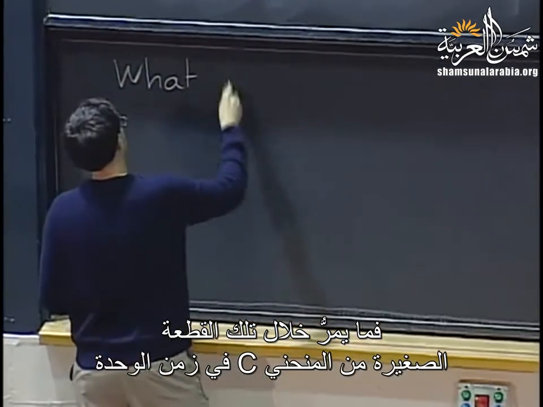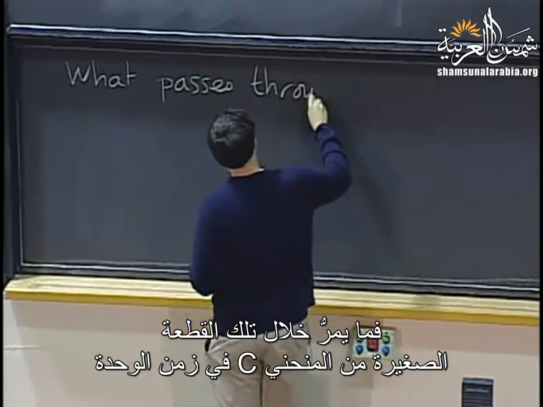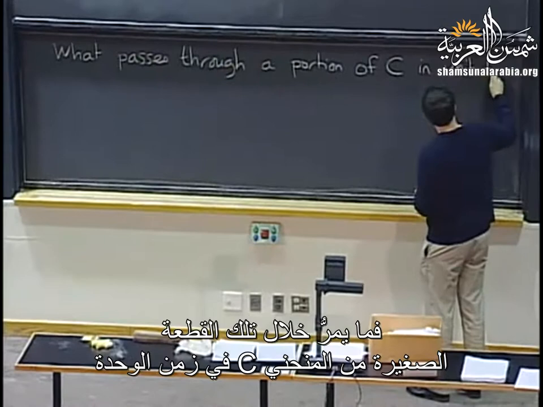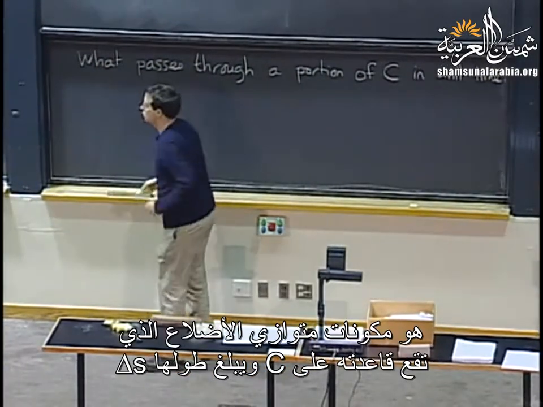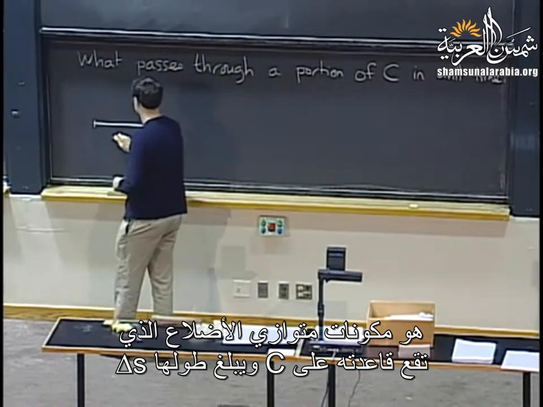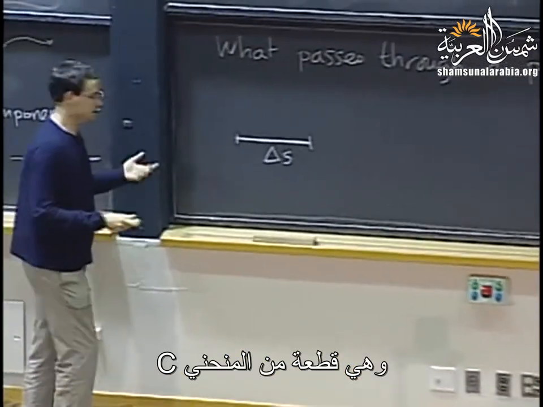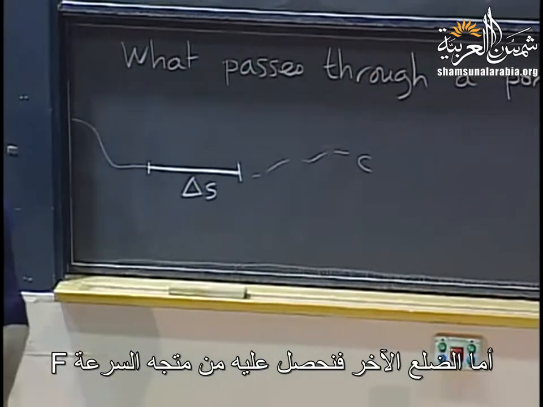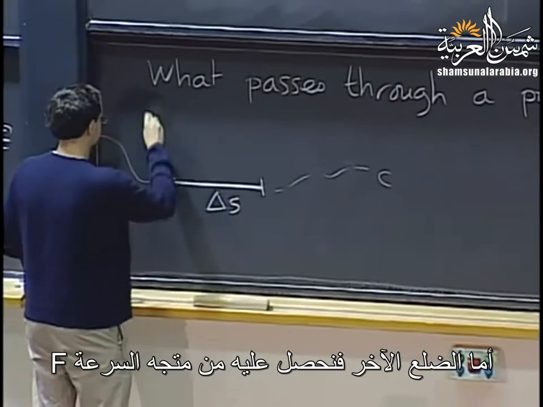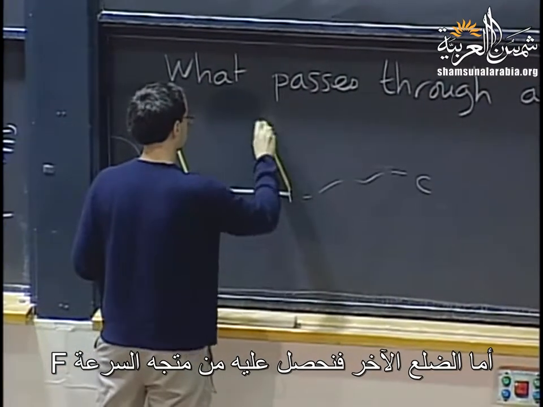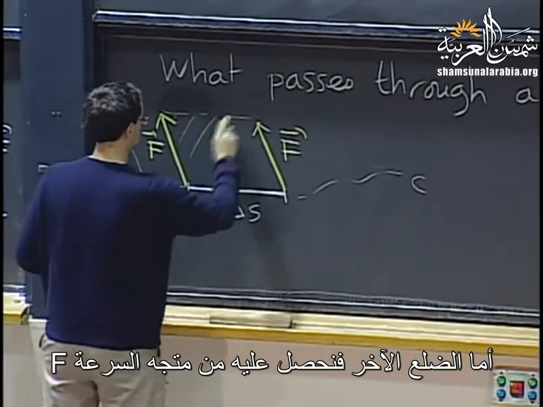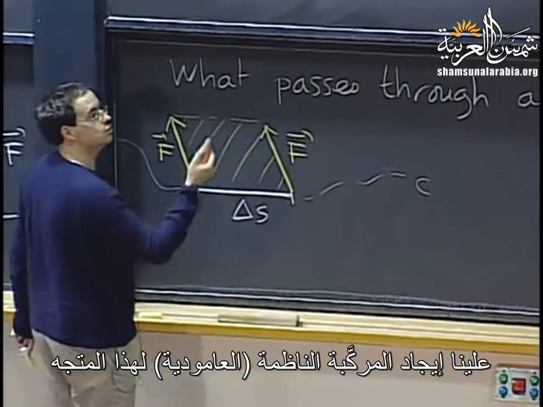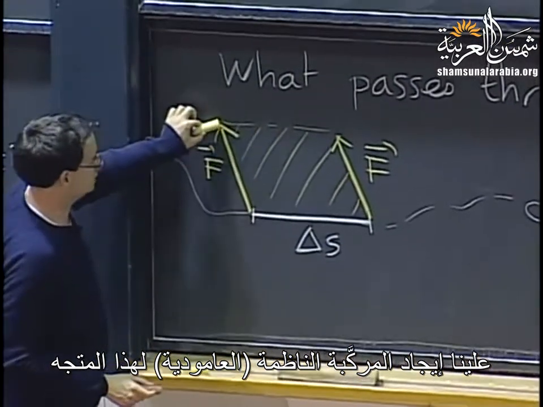So what passes through a portion of C in unit time is the contents of a parallelogram whose base is on C, so it has length delta S. That's a piece of C. And the other side is going to be given by my velocity vector F. To find the height of this thing, I need to know the normal component of this vector.